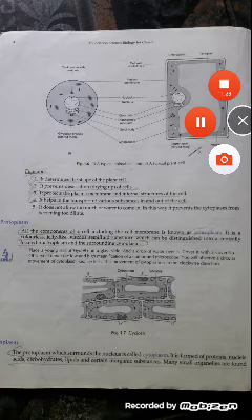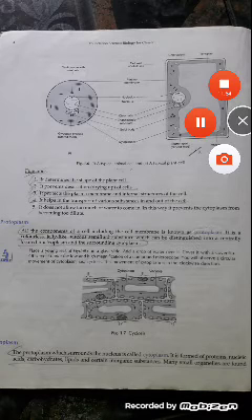Next one, which we will discuss, is mitochondria. Mitochondria are small rod-shaped organelles found in large number. Each mitochondrion is bounded by two membranes, outer and inner.